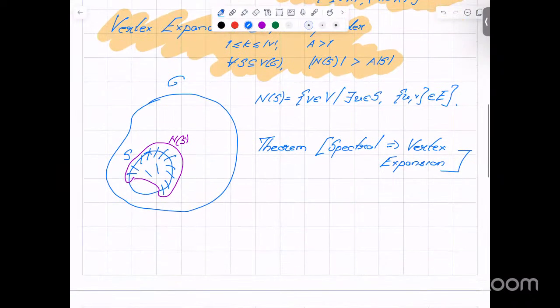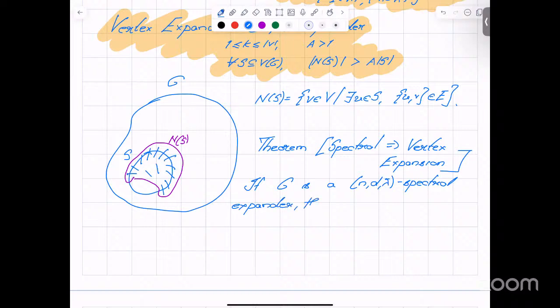Precisely, we said that if G is an (n, d, lambda) spectral expander, then for all rho in (0, 1), all sets of size up to rho n are going to expand by a factor which is 1 over (rho plus lambda squared times (1 minus rho)) vertex.